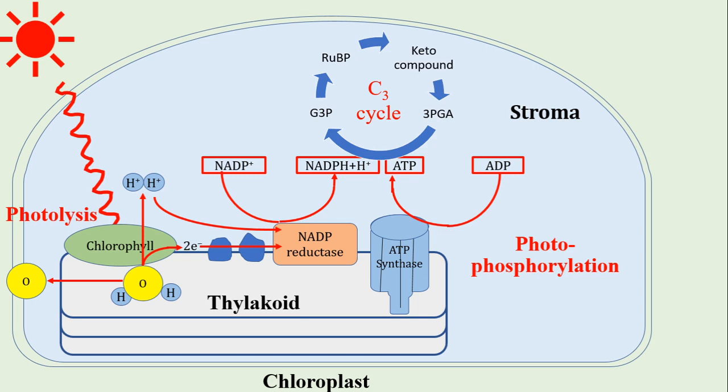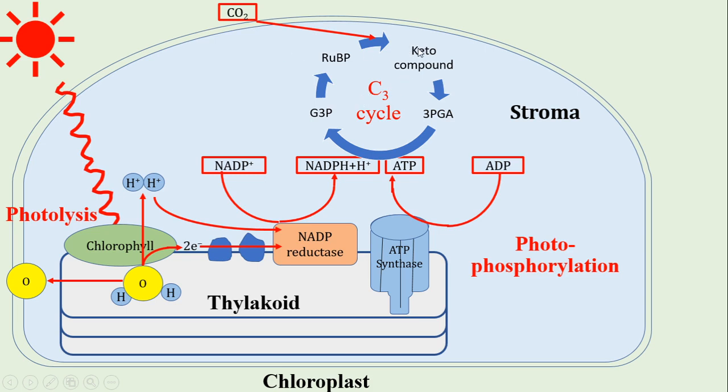So these cyclical chemical steps start from the RuBP that absorbs a carbon dioxide molecule. So the C3 cycle starts when RuBP, ribulose 1,5-bisphosphate chemical, absorbs a carbon dioxide molecule to produce a keto compound.